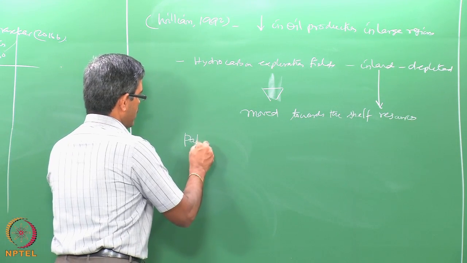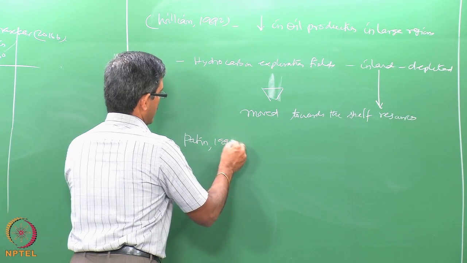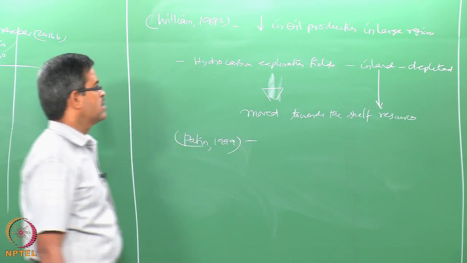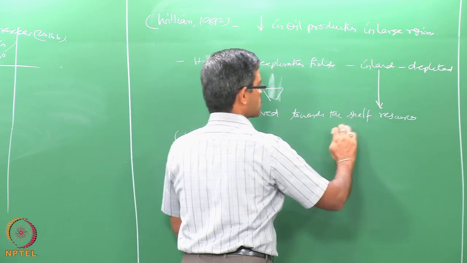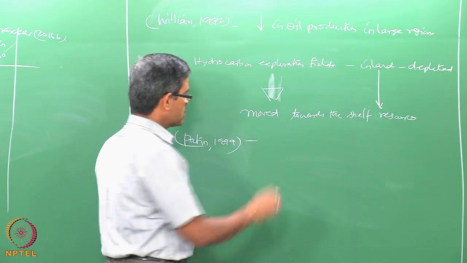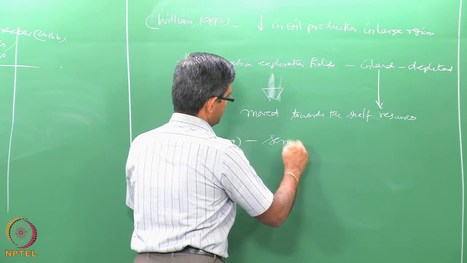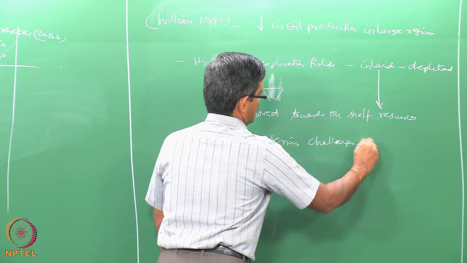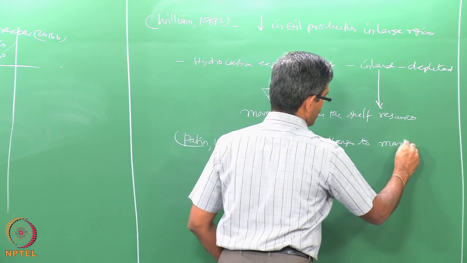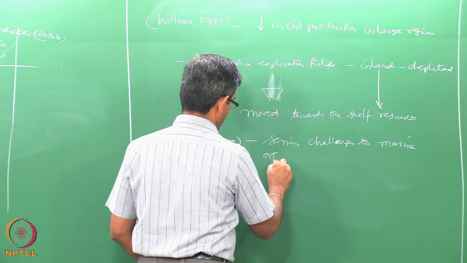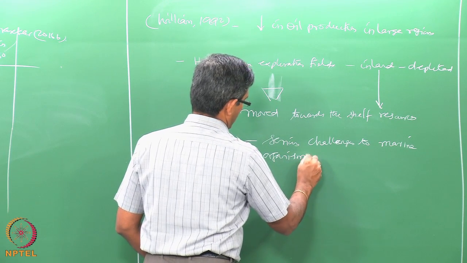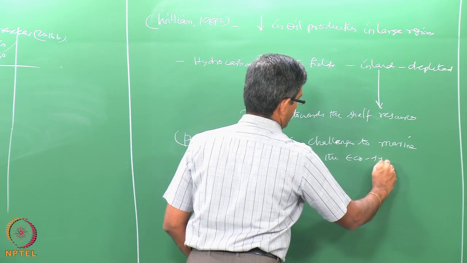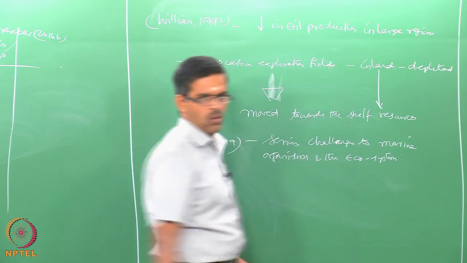If you look at Patin in 1999 in his report, he stated that the shift from the inland towards the continental shelf will cause serious challenges to marine organisms and the ecosystem on the whole.